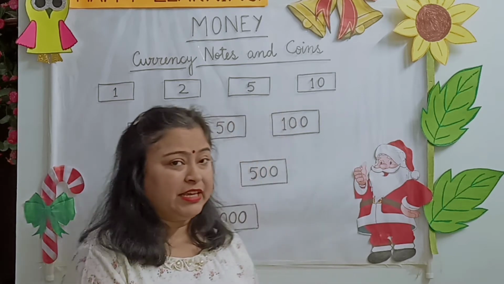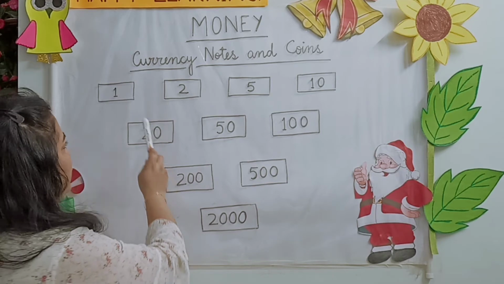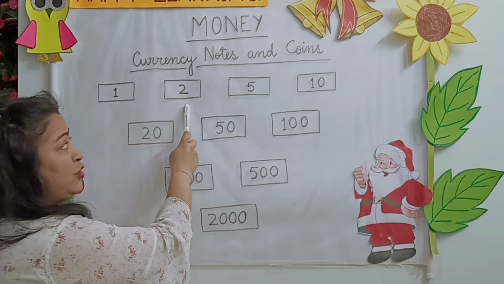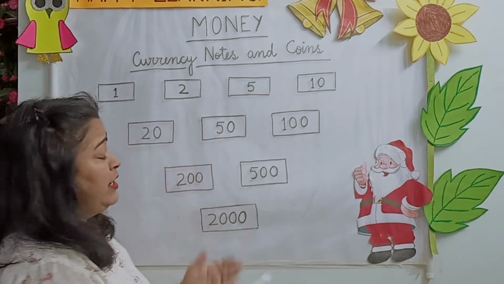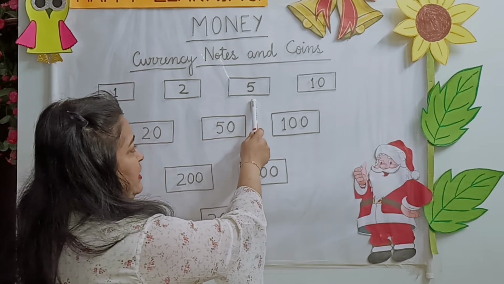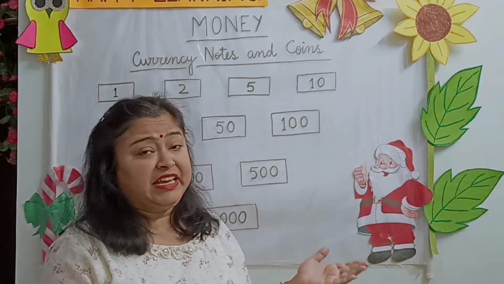Now see, we use these currency notes in India: rupee 1, then rupee 2, but we don't have rupee 3 and 4. Now we have directly rupee 5. Then we don't have 6, 7, 8, 9 notes.